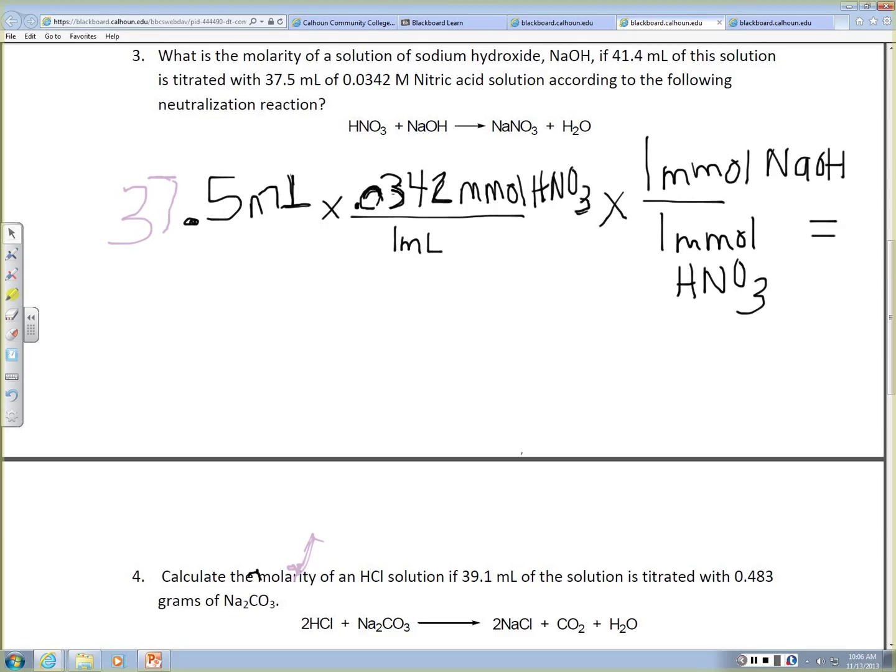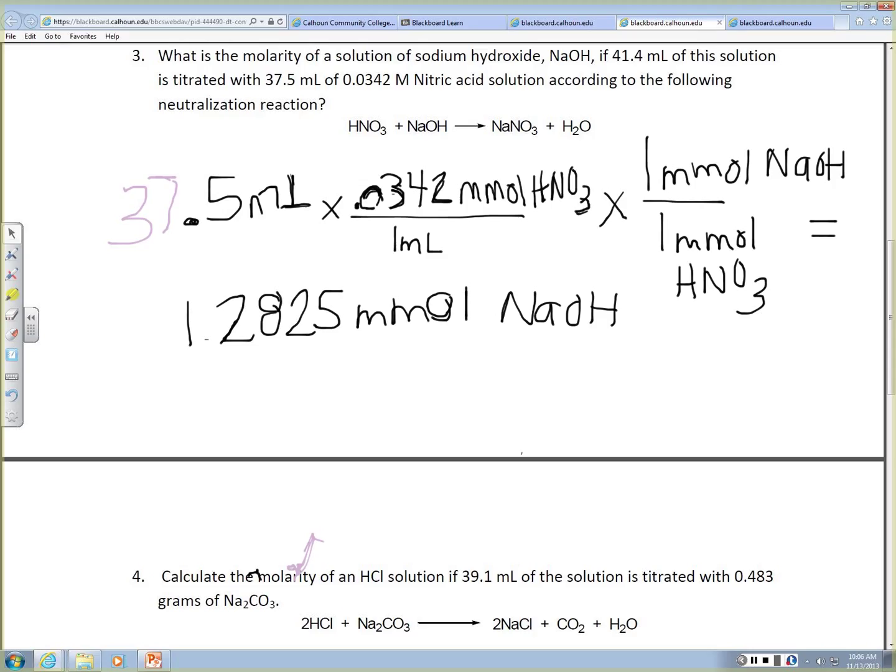So we end up with 12.825. So we find the millimoles of NaOH.